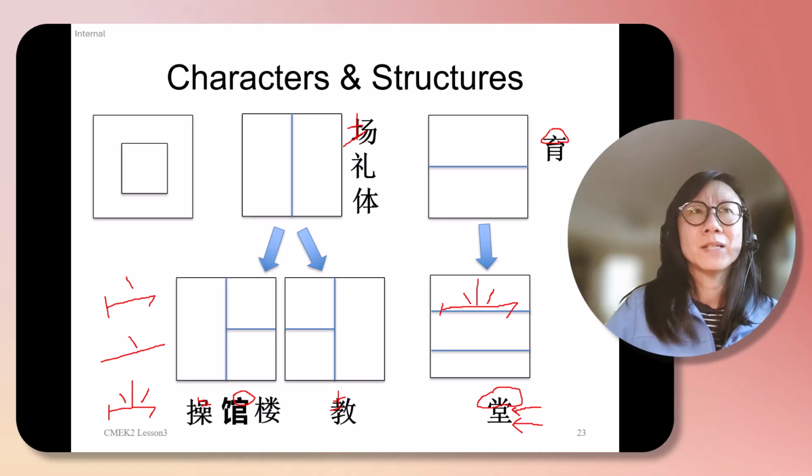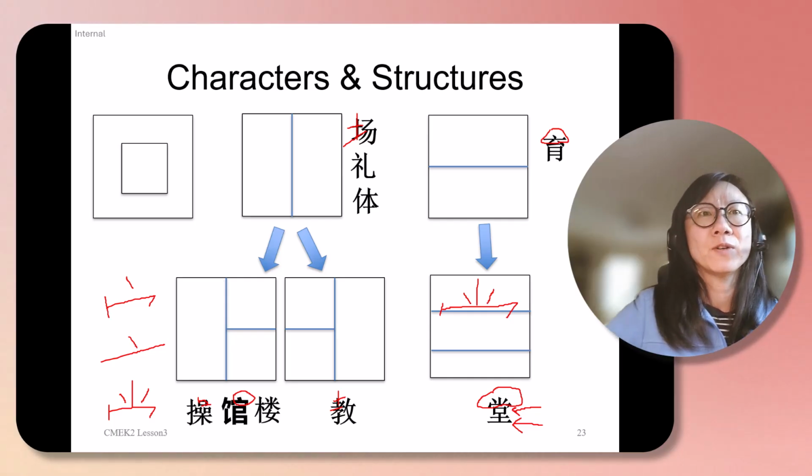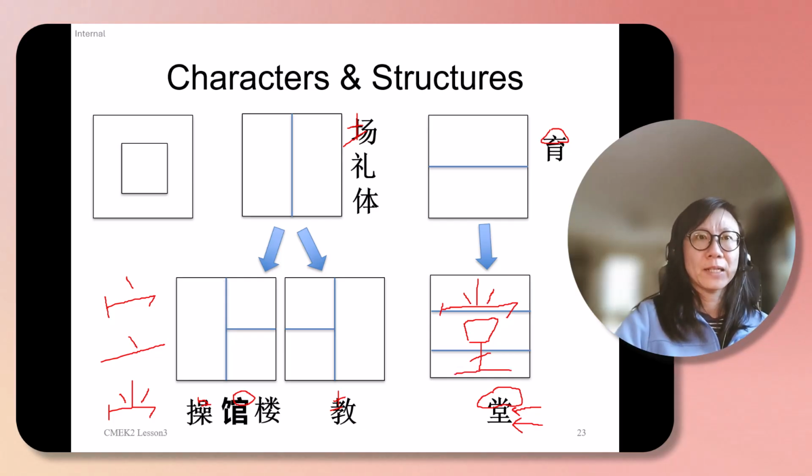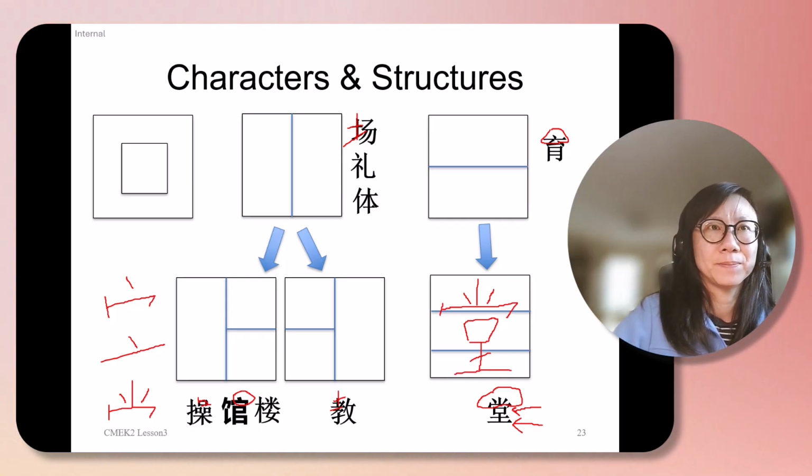We use the same radical in different places. So in the middle part, we've got a 口. Right? And then the bottom part is a 图. It is okay if you just cross the line a little bit to join these 2 parts. Close that off. 堂, 堂.